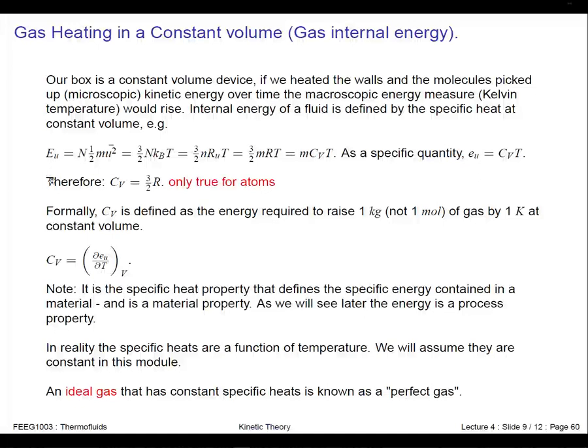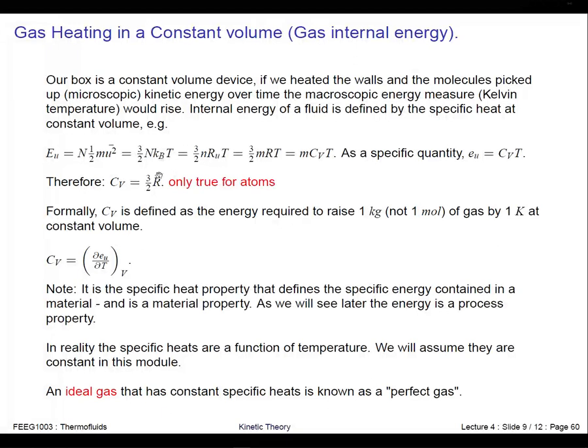This is defined by the number of particles multiplied by the mean kinetic energy of a particle, and we can use the Boltzmann constant to get from this to a temperature form.